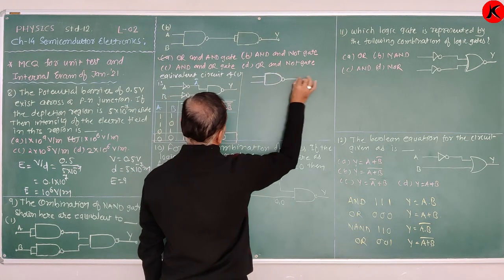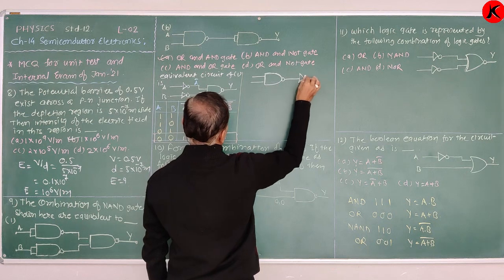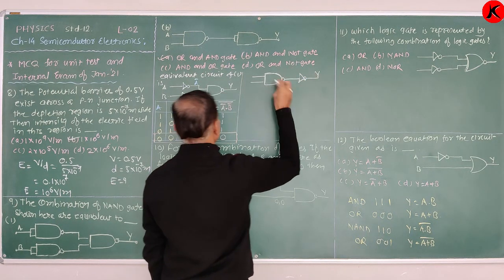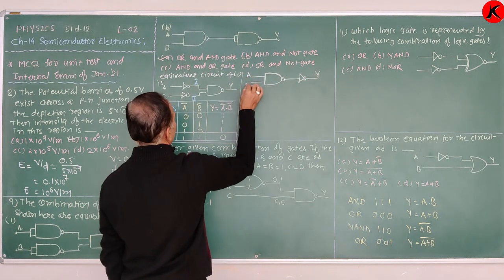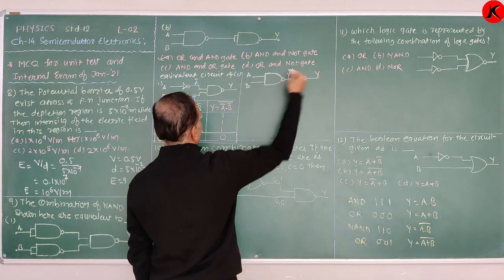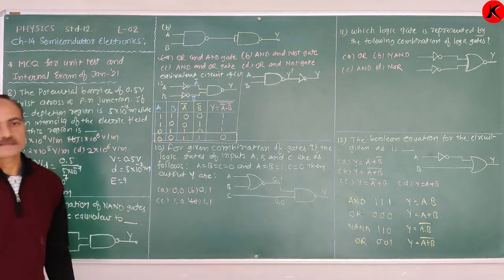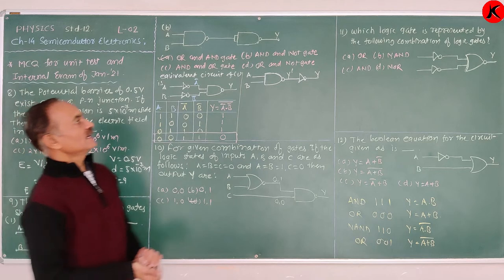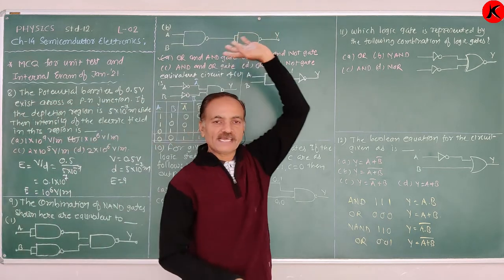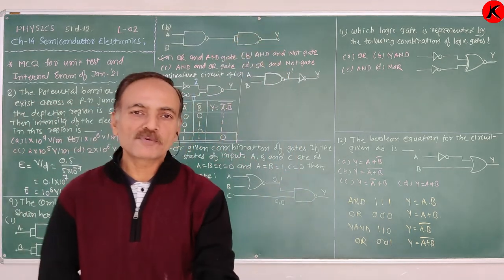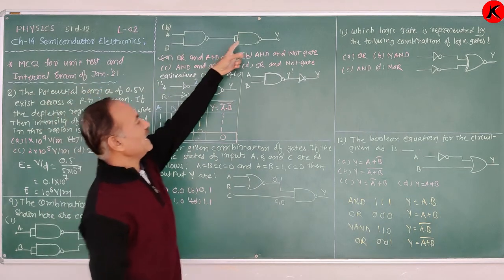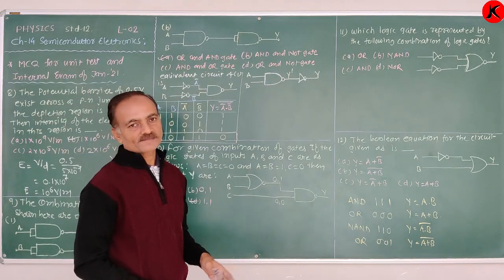There is the first NAND gate, second is the NOT, with inputs A, B, giving Y dash. Again, in the second NAND gate both inputs are combined, therefore it acts as a NOT gate.